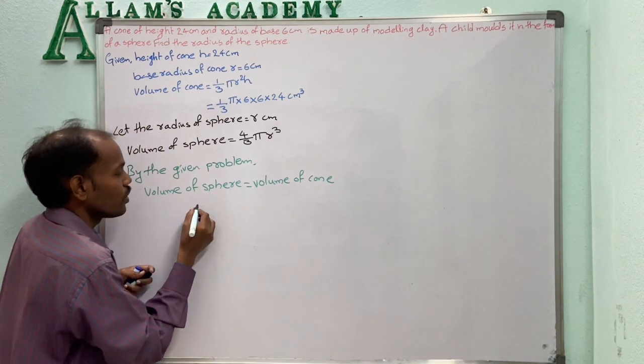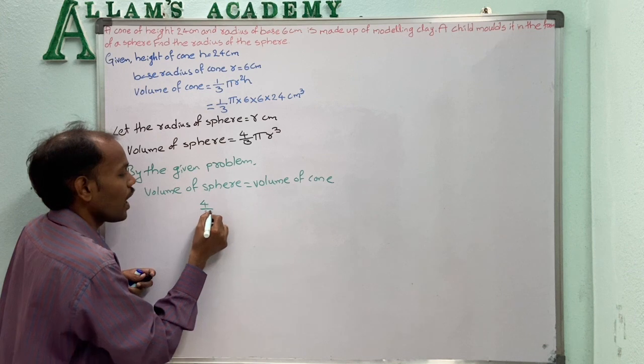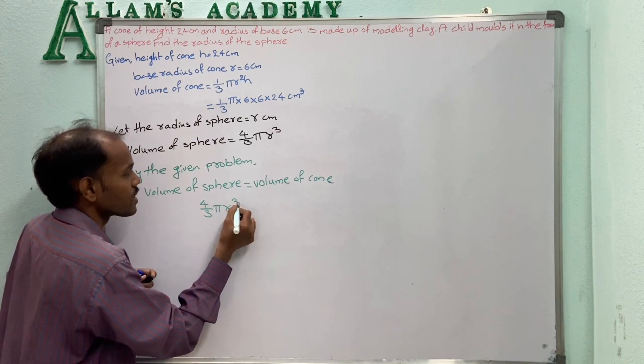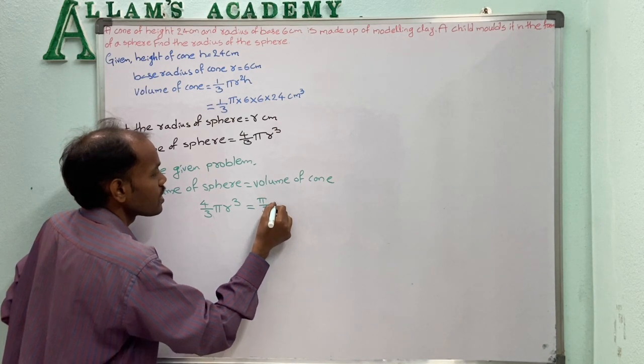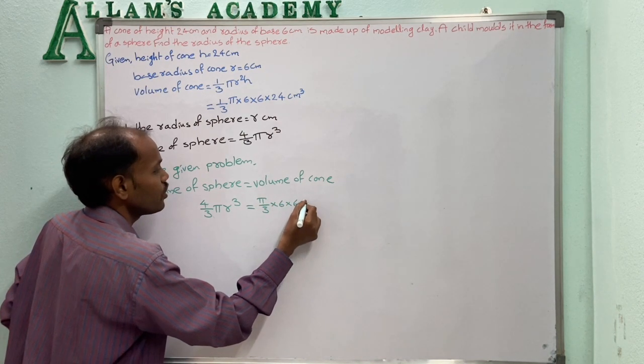That is 4 by 3 pi r cubed is equal to pi by 3 into 6 into 6 into 24.